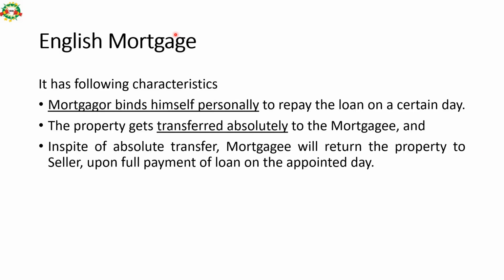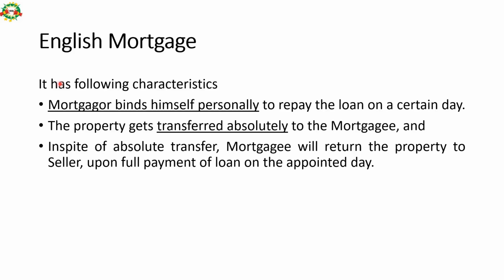English mortgage. Here the mortgagor binds himself personally. So I am the owner, I have mortgaged my property, so I bind myself personally to repay the loan on a certain day. The property gets transferred absolutely to the mortgagee. Earlier it was conditional, now it is absolutely transferred to the bank.